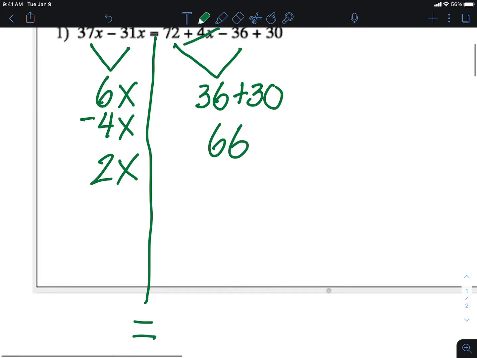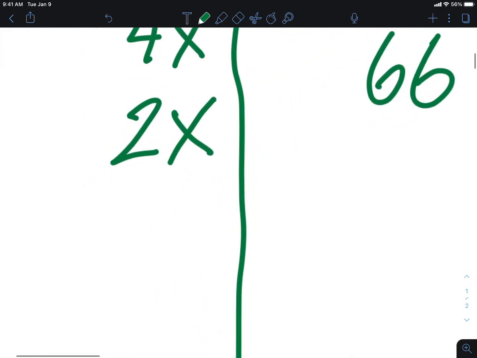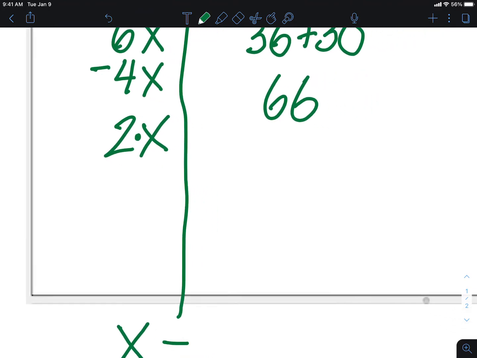So now that I have my x's on one side, my numbers on the other side, I can actually bring down this x here straight down like that. So I can say x here. So I remember that 2x means 2 times x. A number next to a letter means multiply, 2 times x.